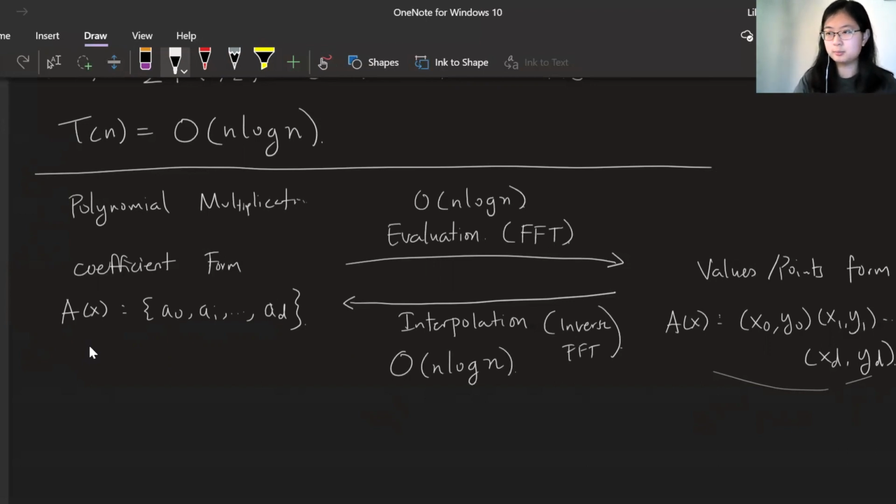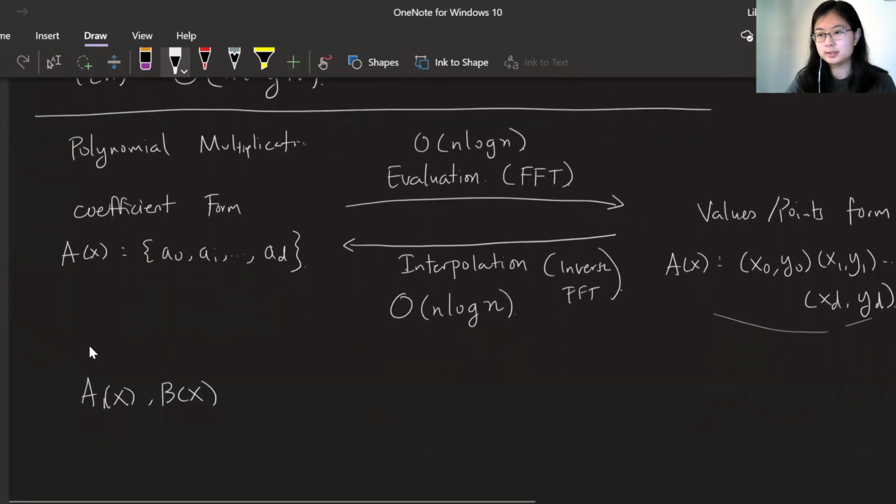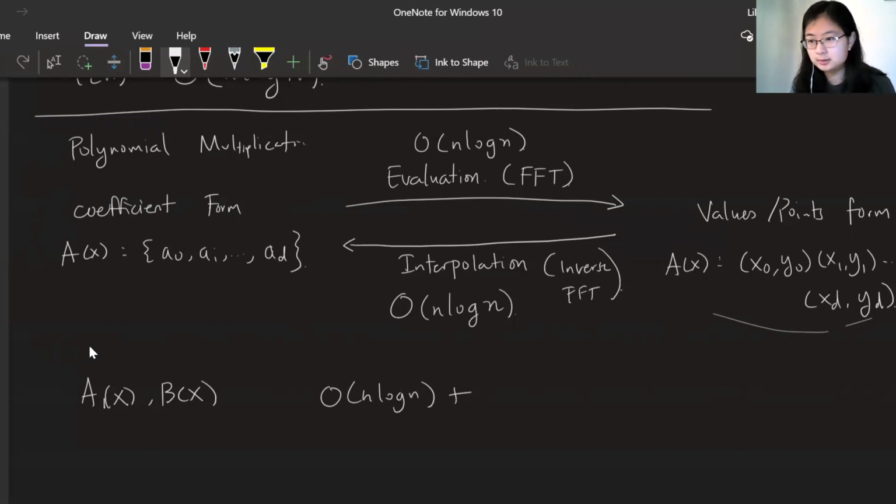So in this entire polynomial multiplication problem, we take, say, two polynomials, A of x and B of x. We do this evaluation process, which takes O of n log n time. And then once we're at the values form, we multiply the y value at each x value. And we do this for, say, d points. Okay, this should be d.